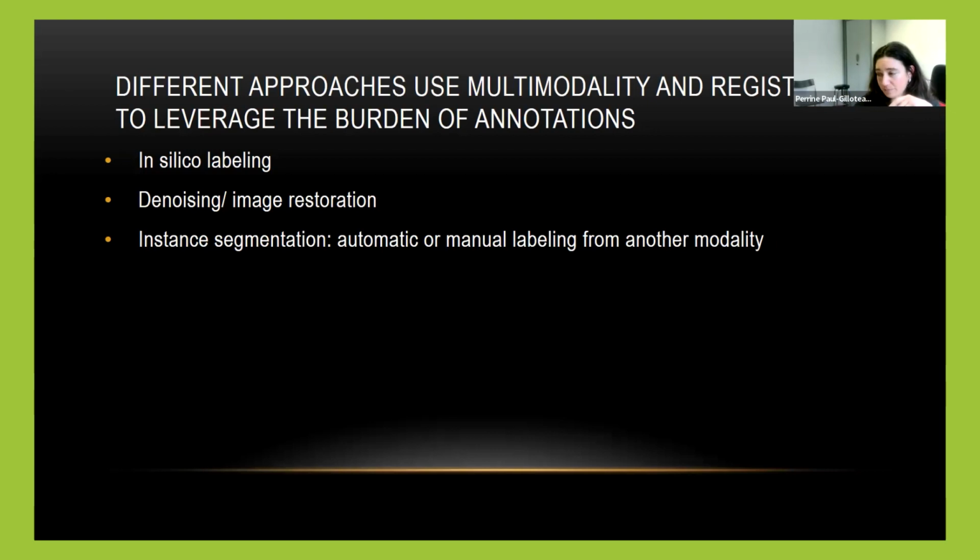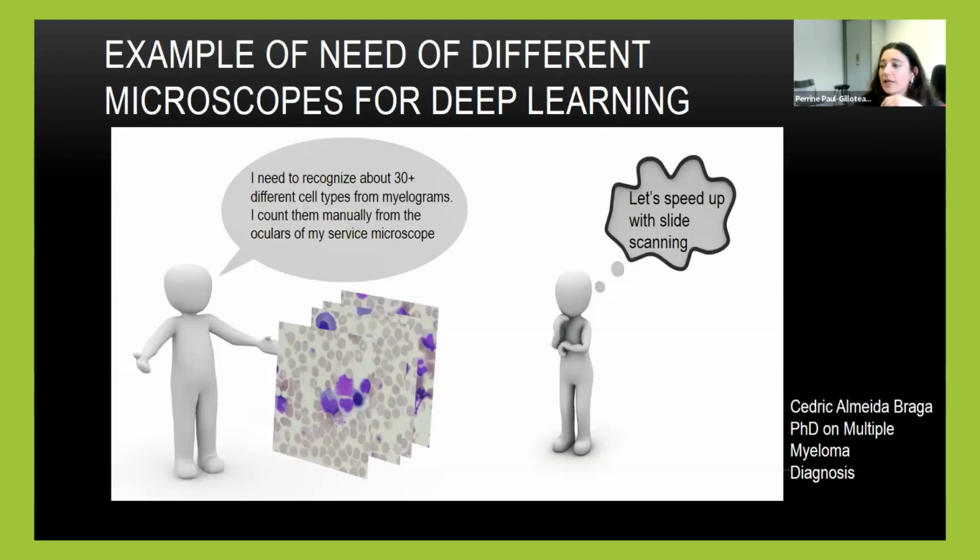Lately, we had an example in the facility, working together with a PhD student, Cedric, where hematologists from the hospital were asking about developing a system to recognize 30 more kinds of cells that they can find in their myelograms, and they do it manually for now.